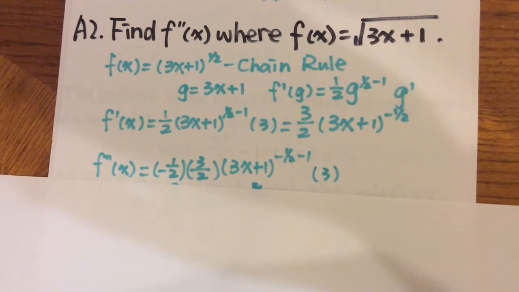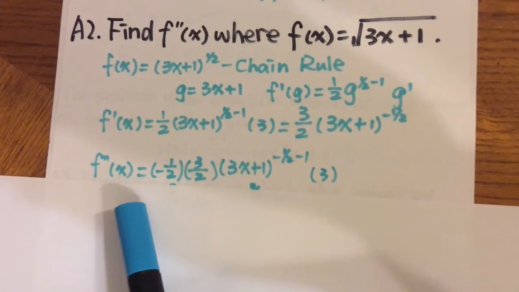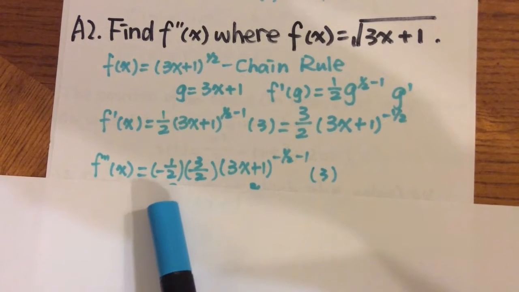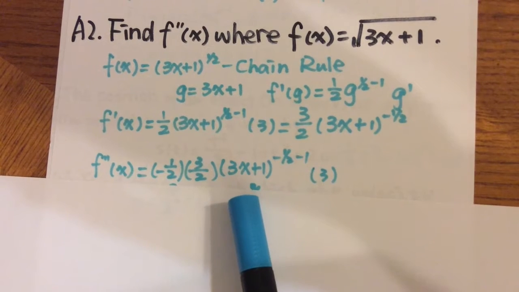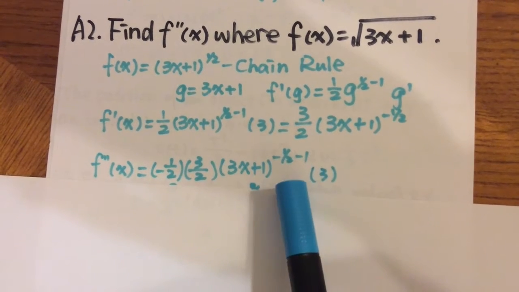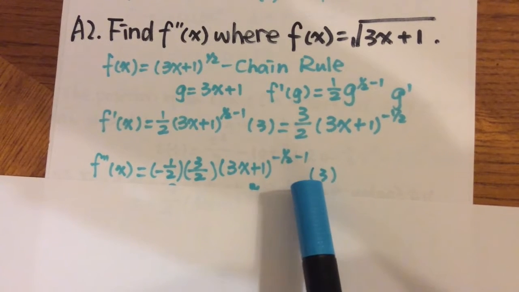And then we find f double prime of x, which equals minus 1 over 2 times 3 over 2 times 3x plus 1 to the power of negative 1 over 2 minus 1.